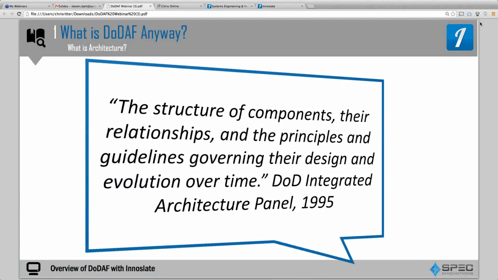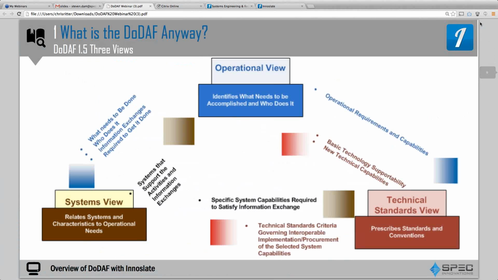What this implies is that there has to be some kind of way to organize the information and capture it and display it. And what DoDAF did was, back in version 1.5, have 3 different views. The 3 different views replicate the different parts of DoD. The operational view relates to the commanders in the field, the COCOMs, the combatant commanders.